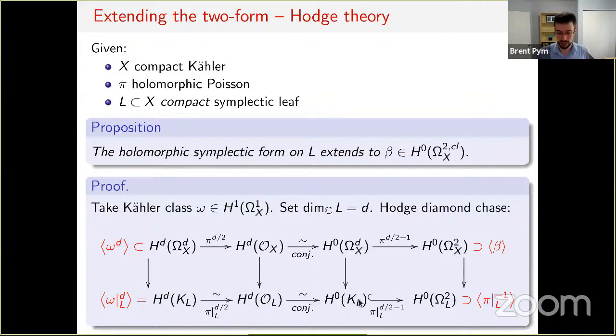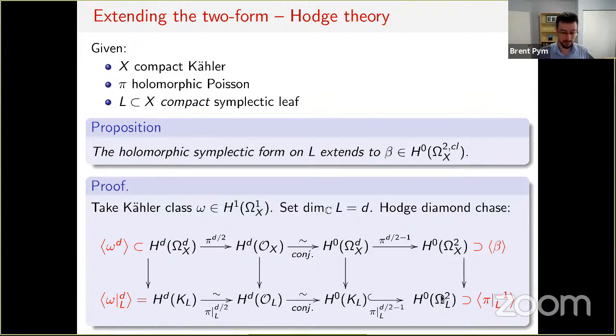And then finally, the contraction of a top form with a power of the bivector will always be injective. And so in this way, I see that this lower map is injective, and actually its image is exactly the line in this vector space which is spanned by the symplectic form on L.